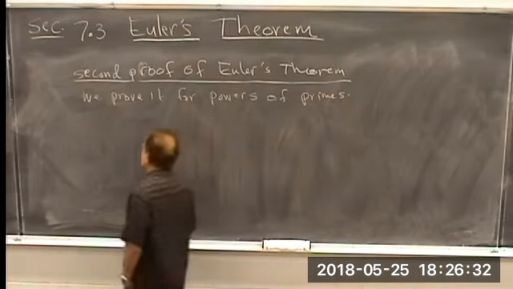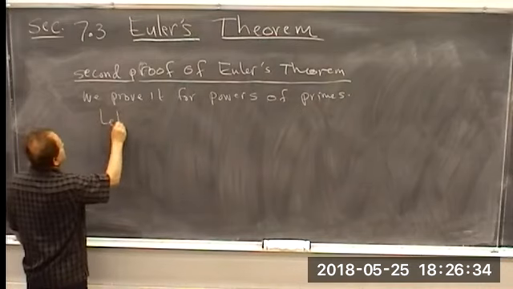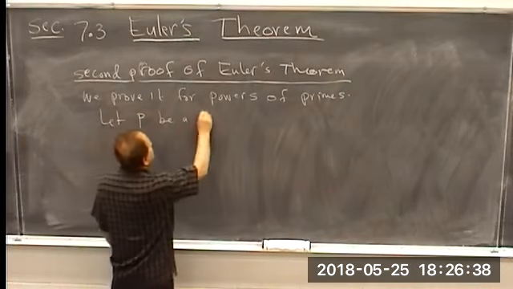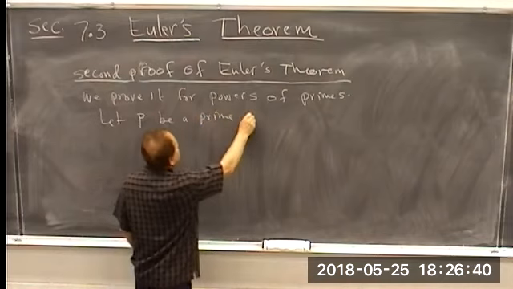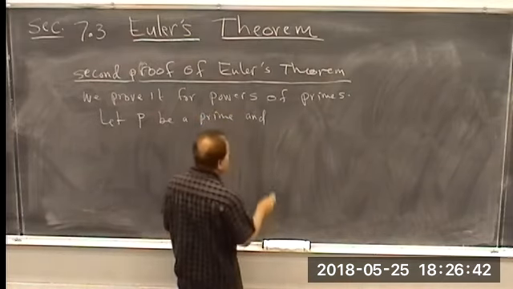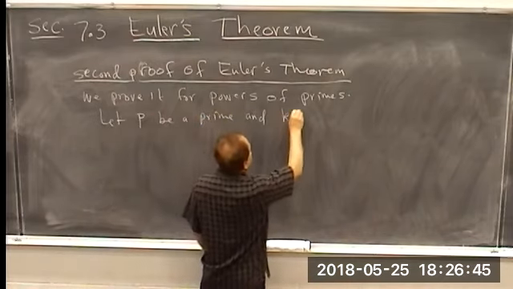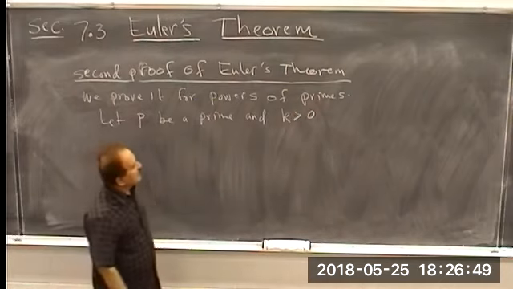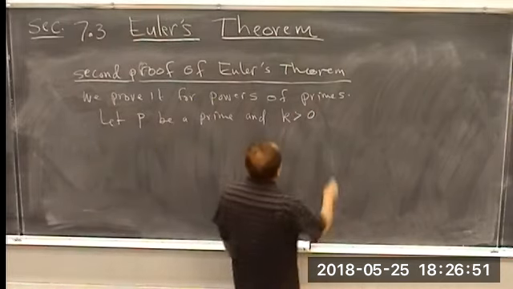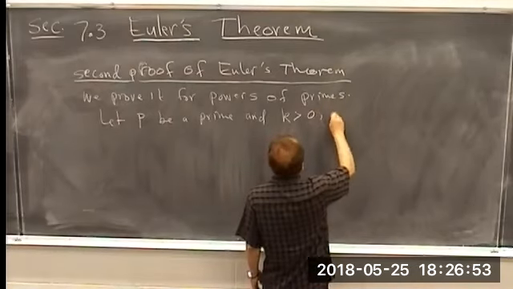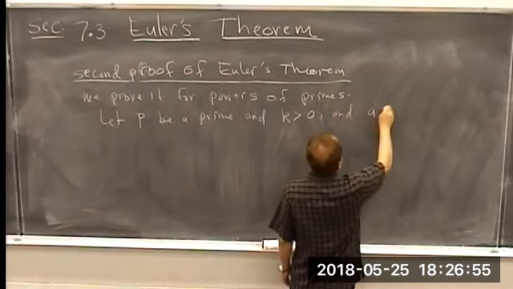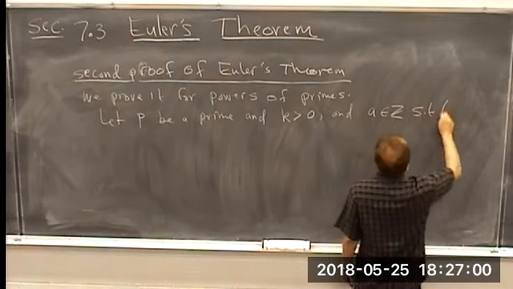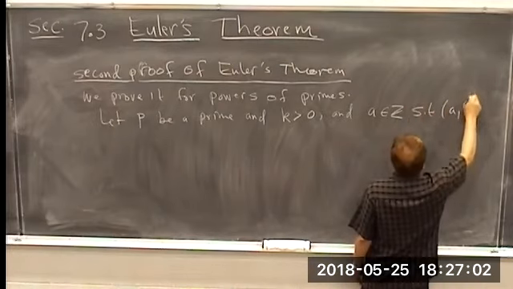So we're going to let P be prime and K a positive integer, K bigger than 0, and A an integer relatively prime to P to the K.